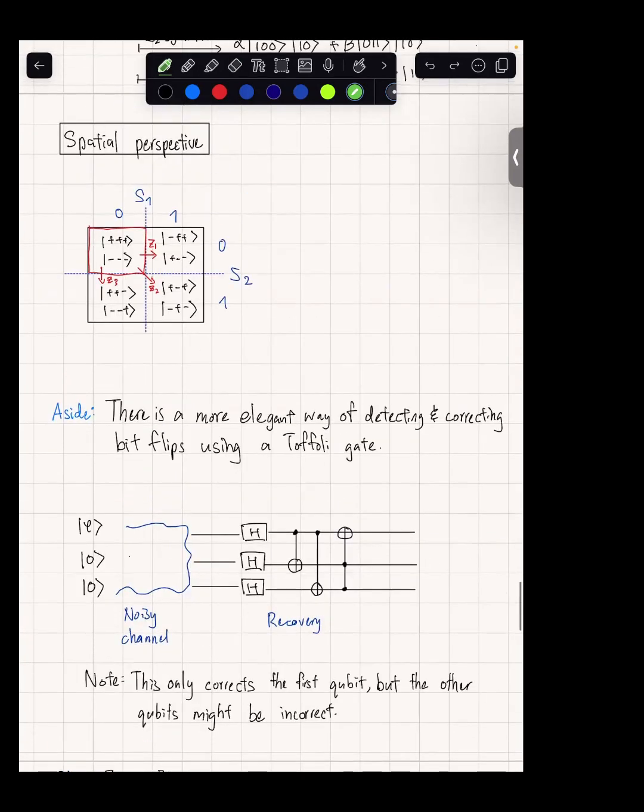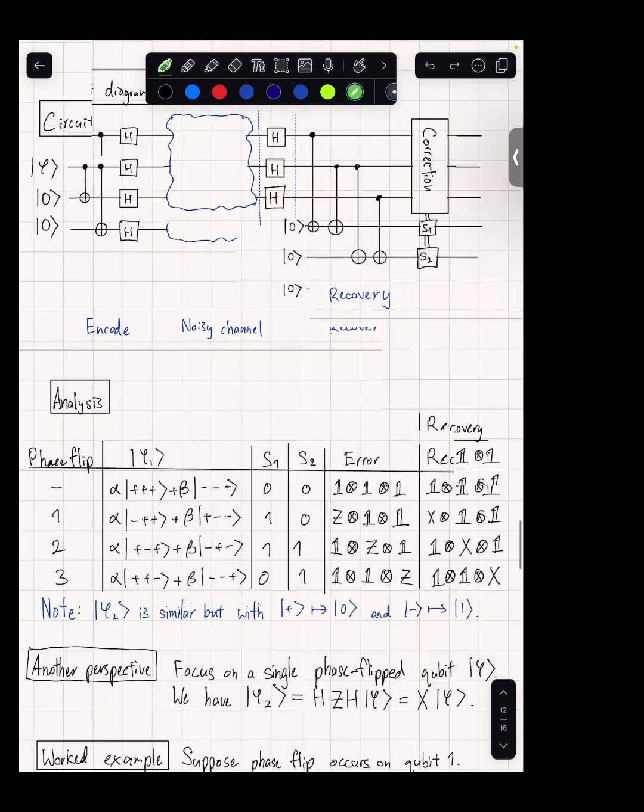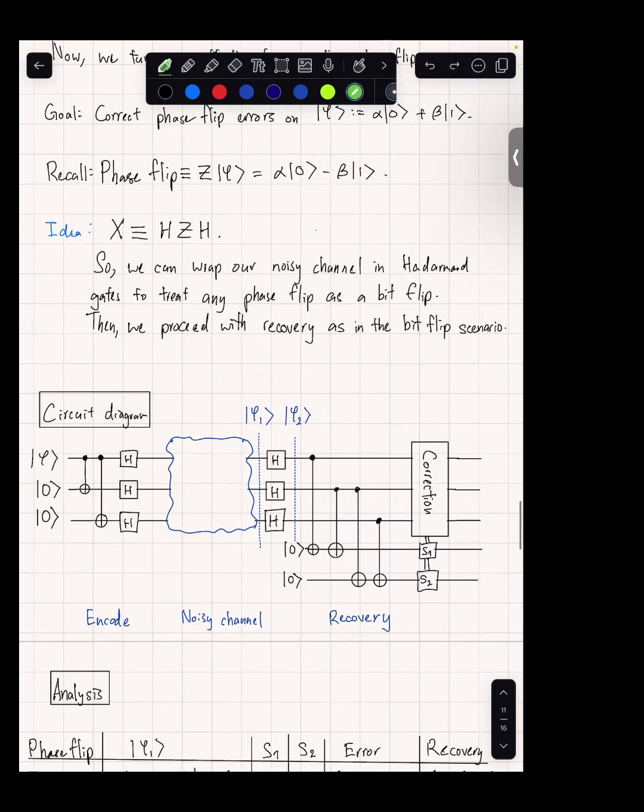Now, lastly, here's an aside. There is a more elegant way of detecting and correcting bit flips using a Toffoli gate. So if you recall our circuit diagram here, we used two extra ancilla bits and applied this set of CNOTs and correction gates to measure the parity and correct the bits.